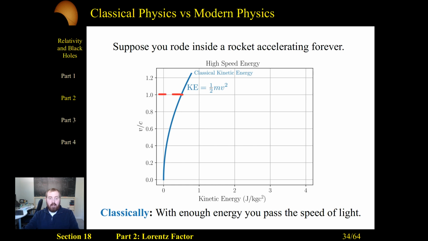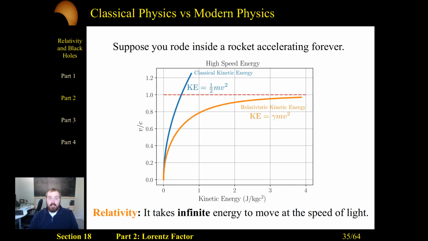And wouldn't you know it, 1 is the speed of light in this graph here. You can't go faster than the speed of light. The laws of physics literally dictate that. If you are a particle, if you have mass, you cannot exceed the speed of light. So classical physics breaks down. It does not work. We need to look at relativistic physics.